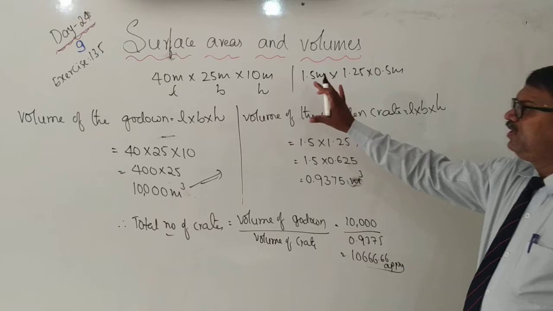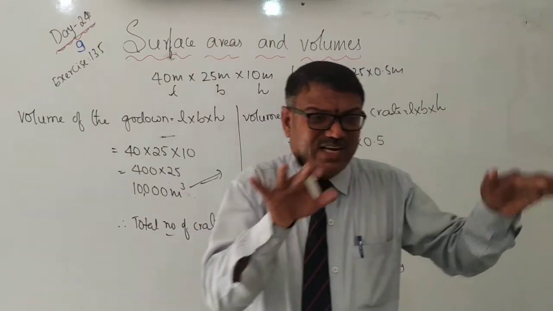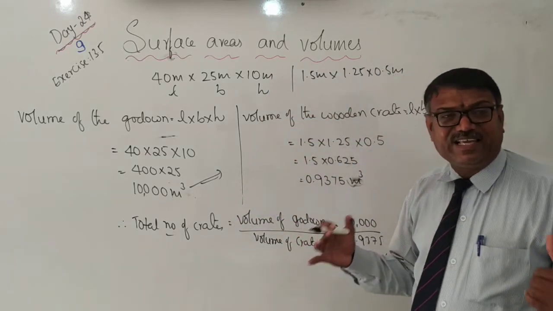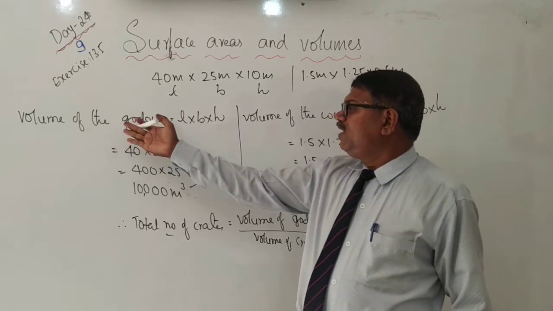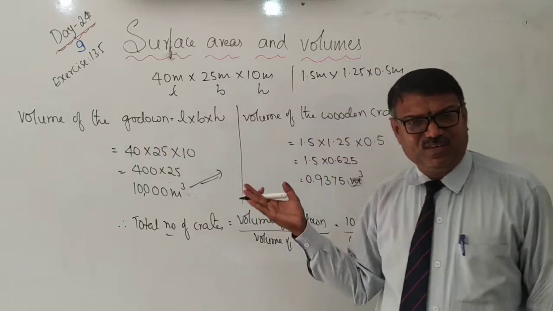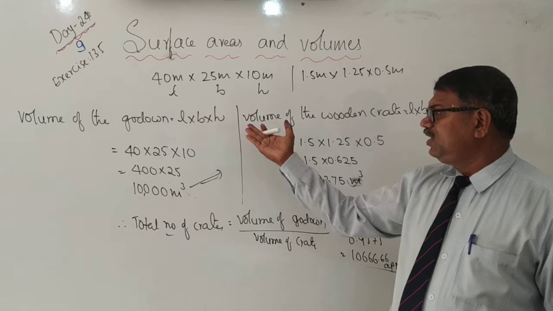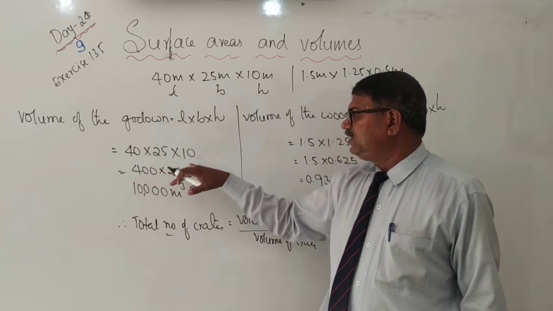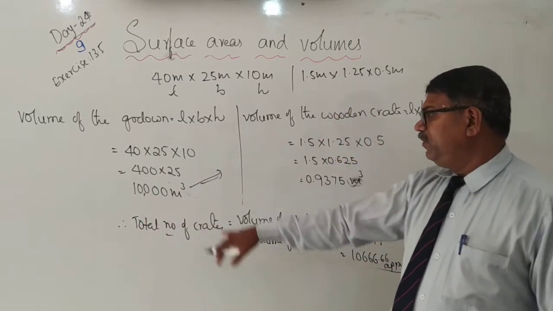You see one more time. One godown is there. In that godown, we have to keep some wooden crates which are in the form of cuboids only. So how many crates can we keep? First we find the volume of the godown. Since it is a cuboid, its volume is length into breadth into height, 40 into 25 into 10, which gives 10,000 meter cube.